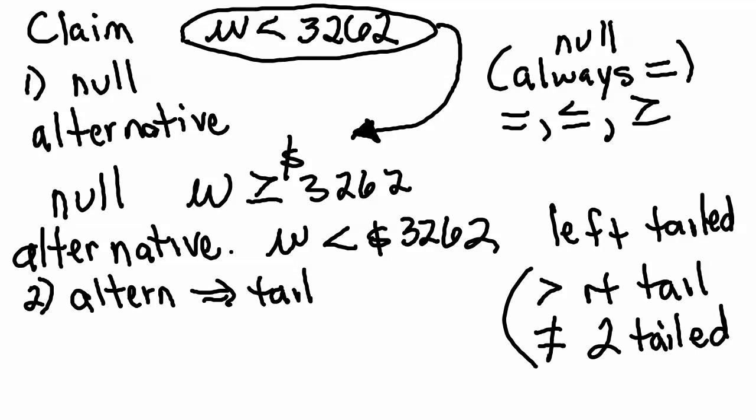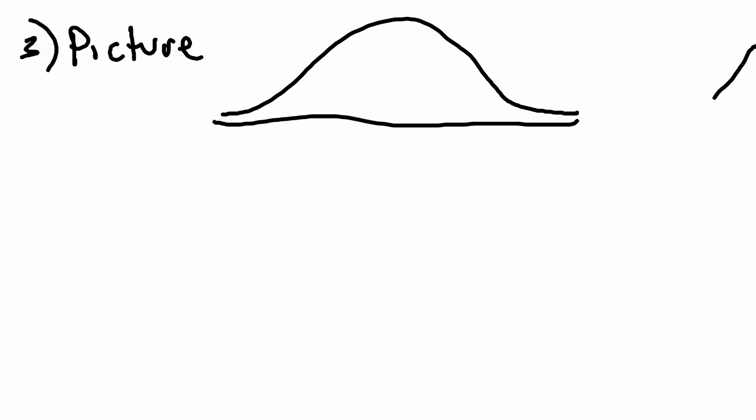Here's a picture. Okay, our claim, I always draw a normal curve, even though if it's a T problem, it's not quite normal, but I always draw a normal curve just to get a perspective. In the middle is going to be your claim, the mean. So 3262 is the claim mean.